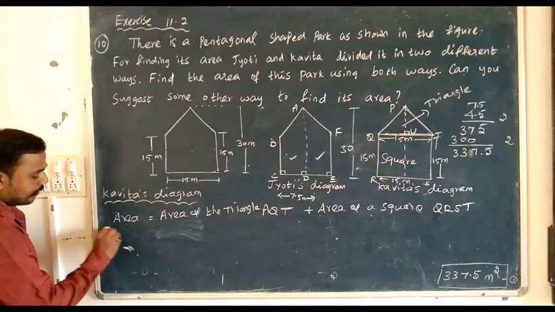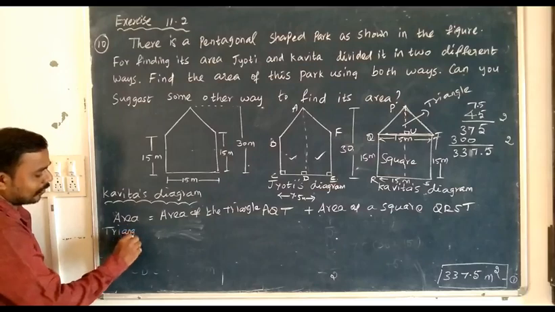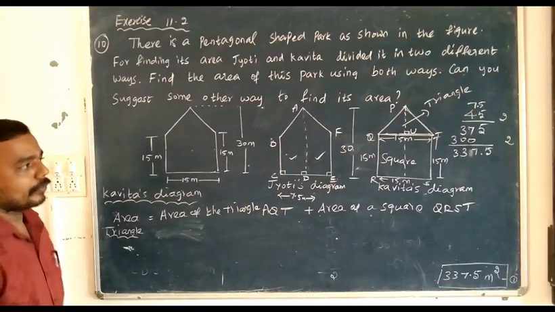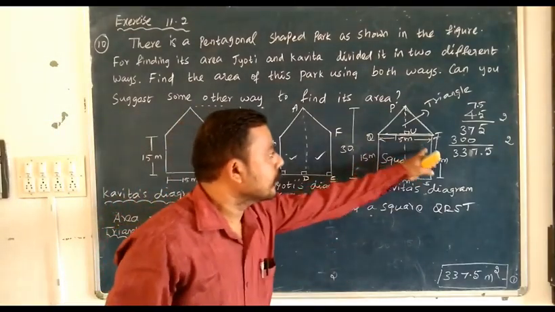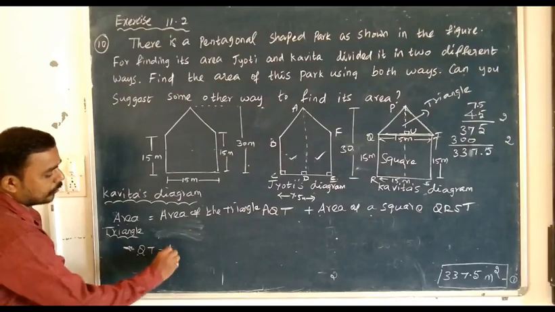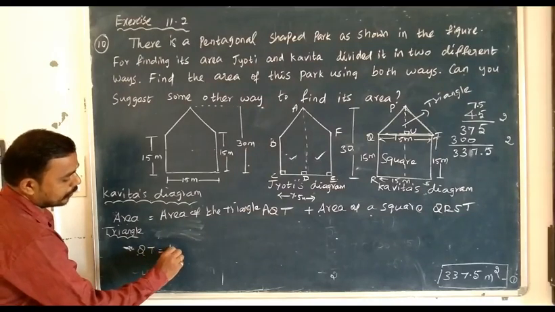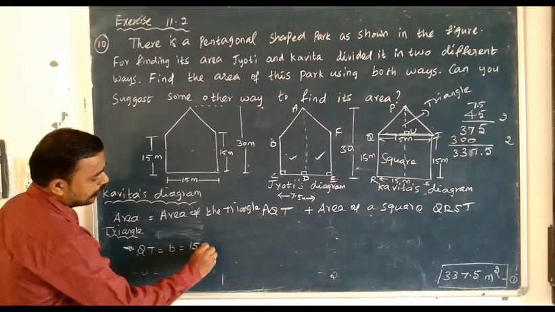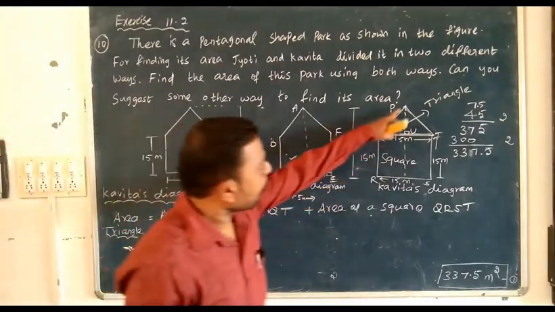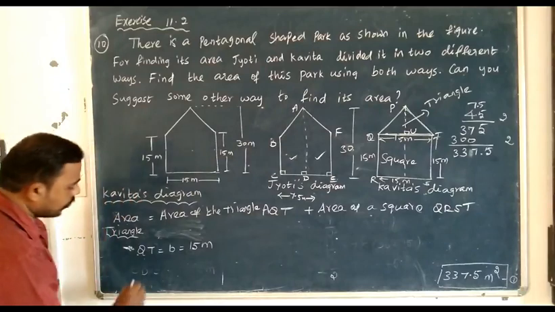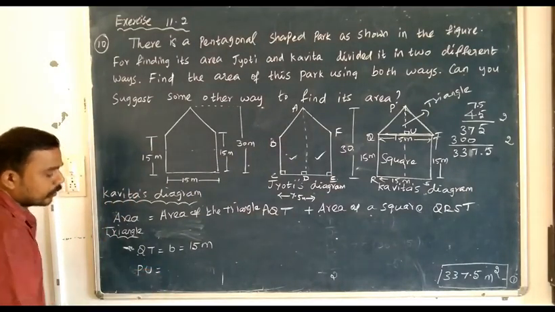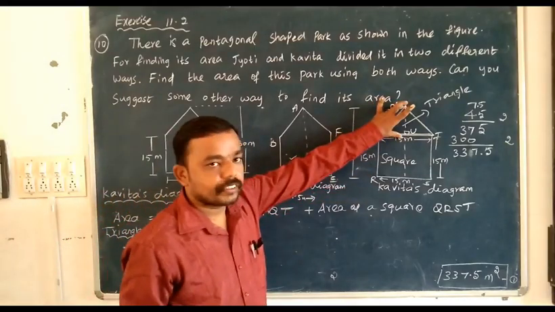Now the triangle. In that triangle, I am going to consider the base. So QT equals the base, 15 meter, and the height PU equals this height.